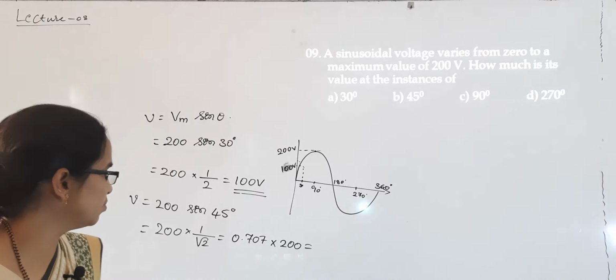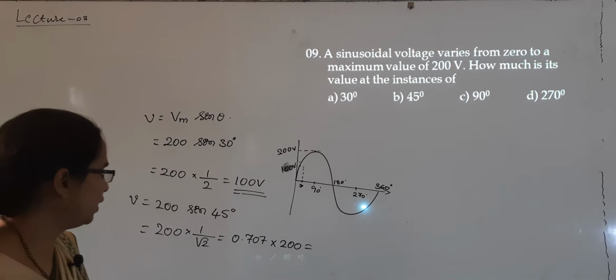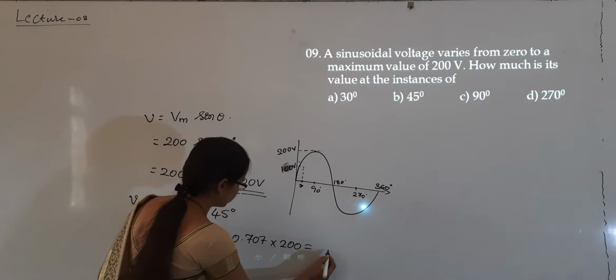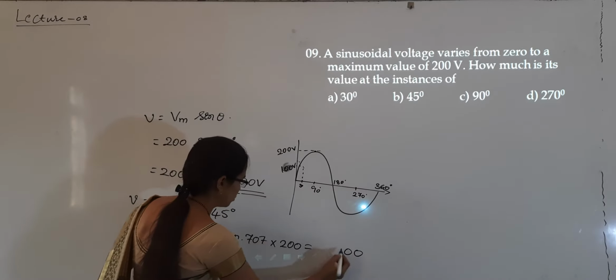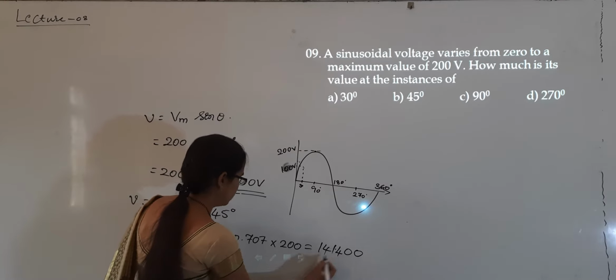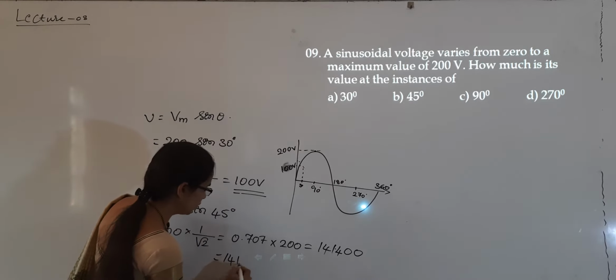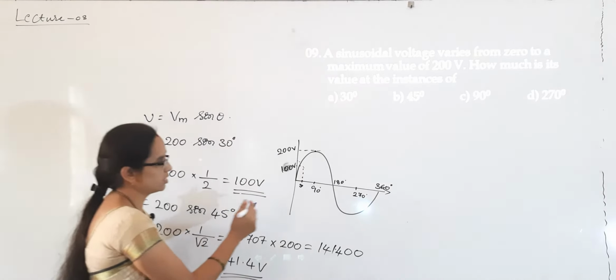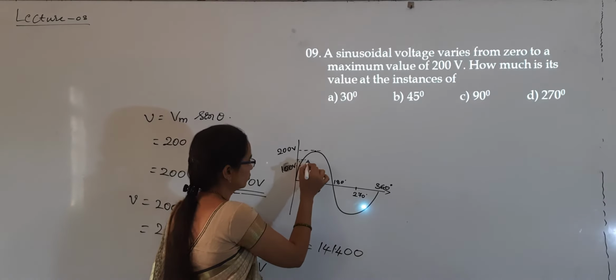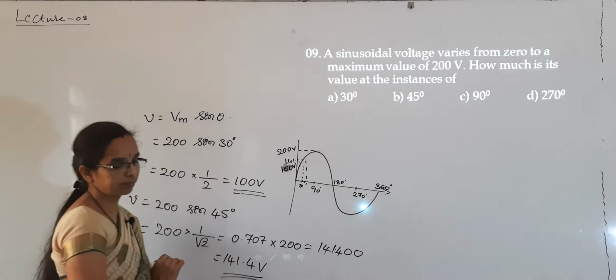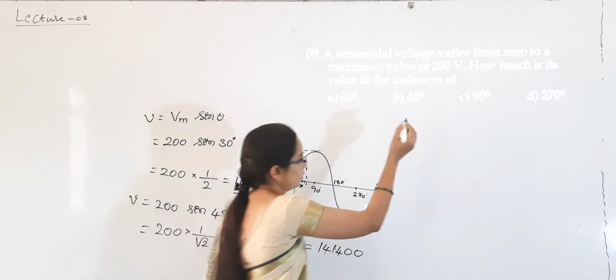So it will come somewhere around 141.4 volts at the instance when it reaches 45 degree. The voltage is 141.4 volts.